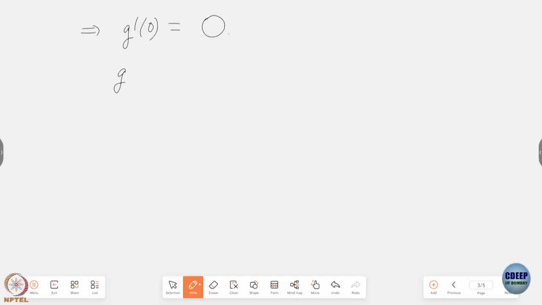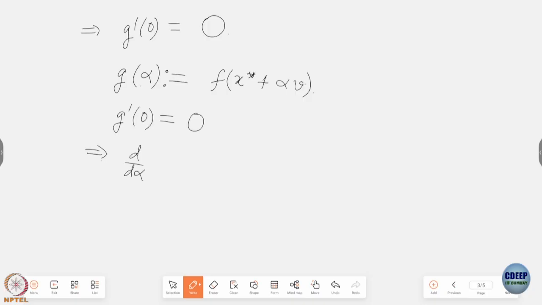We've said that G of alpha is equal to, by definition, F of x star plus alpha V. Now, what we know is that G prime 0 is equal to 0. This implies that if you take the derivative with respect to alpha of this, that must vanish. So we're going to do that.